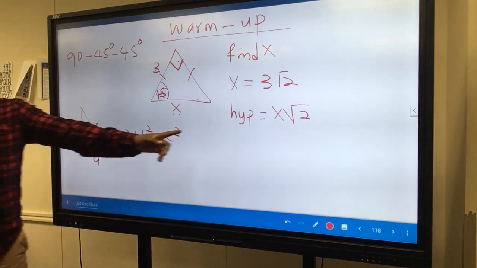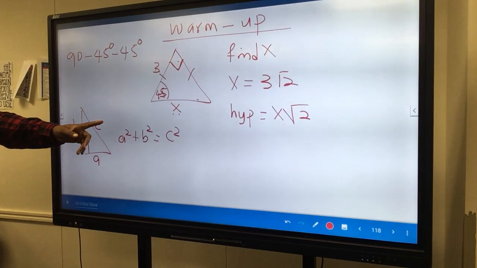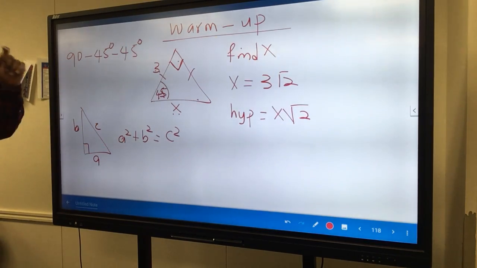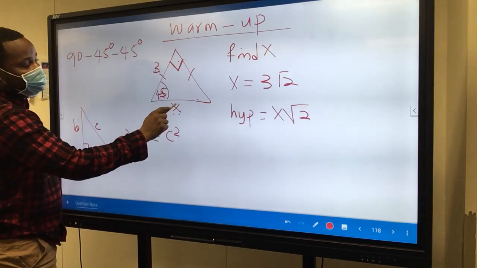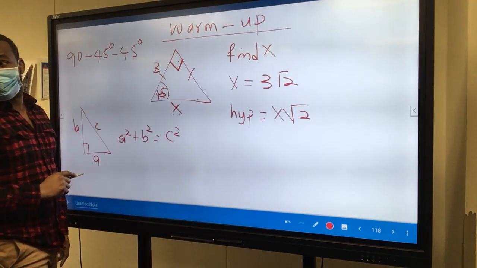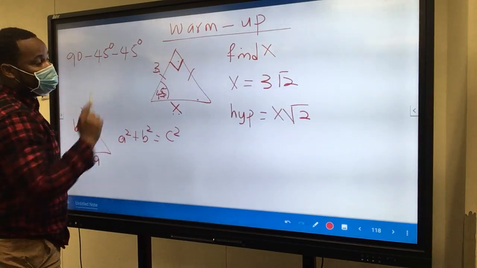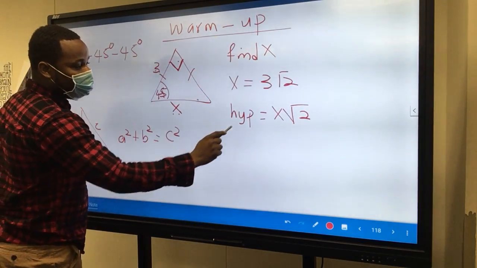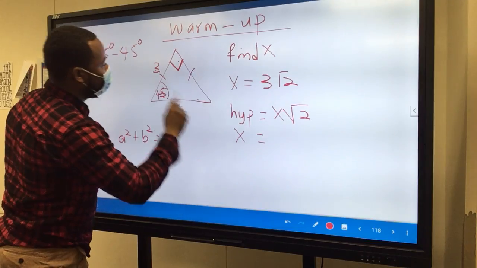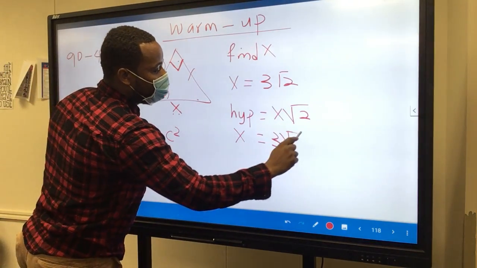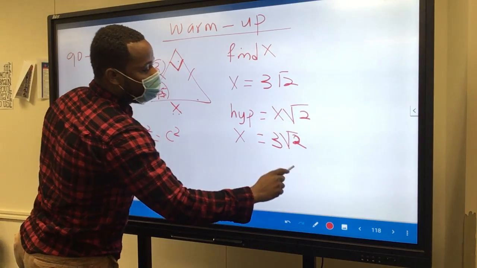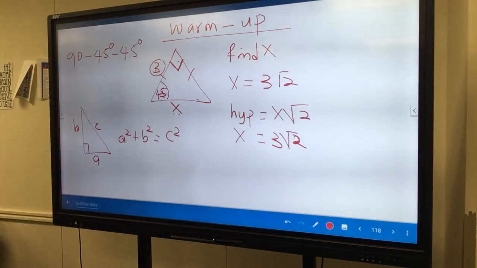You remember we talked about this yesterday, right? So that's the formula. X is the hypotenuse, so X is equal to the length, which is 3, times root 2. That's very important.